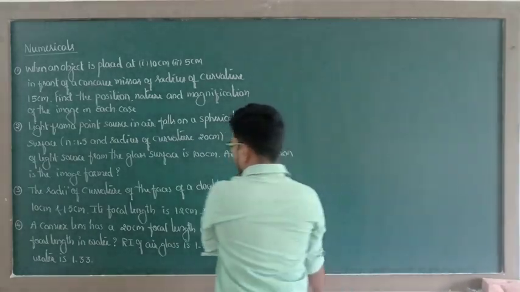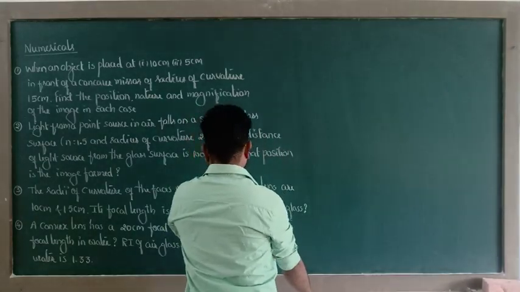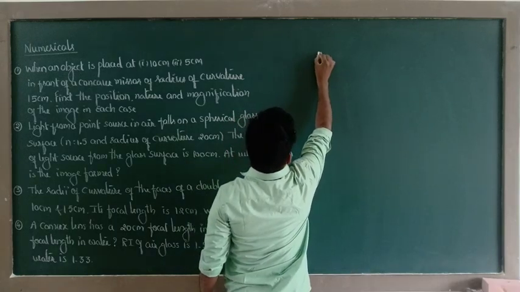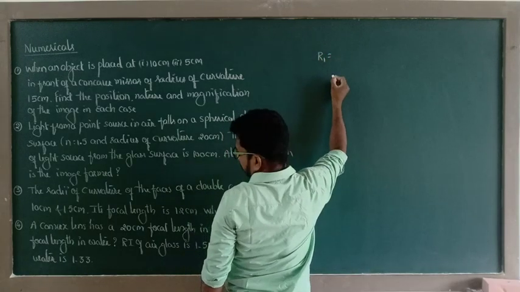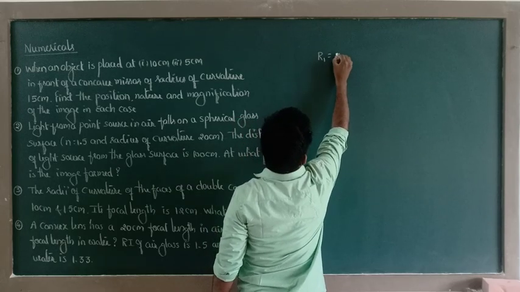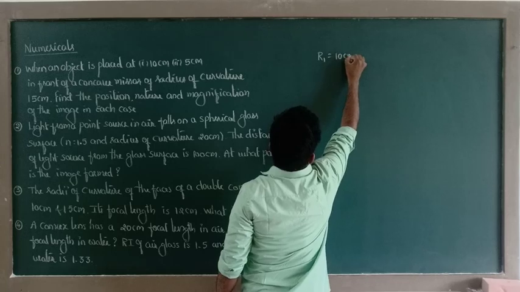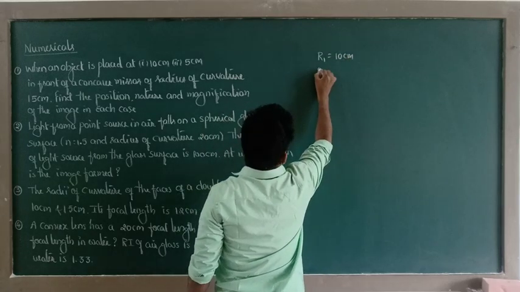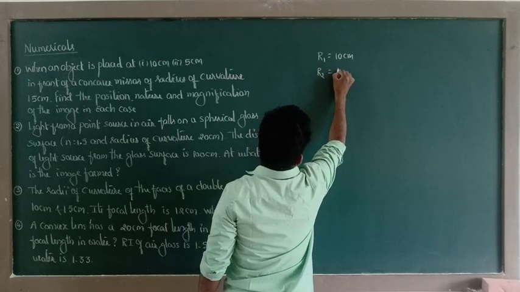Third one, radii of curvature of faces of a double convex lens. Let us take R1 is equal to 10 centimeter, R2 is equal to 15 centimeter.